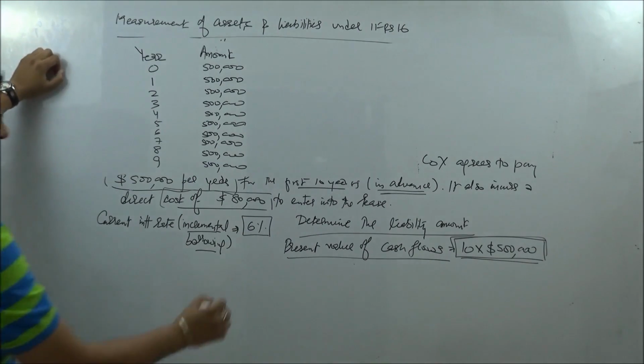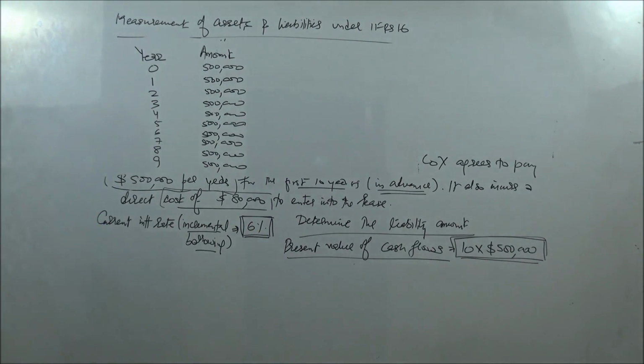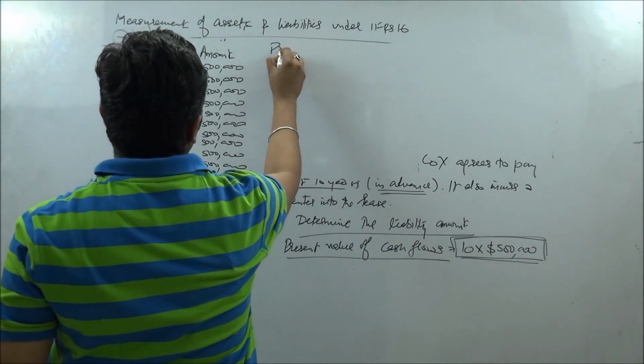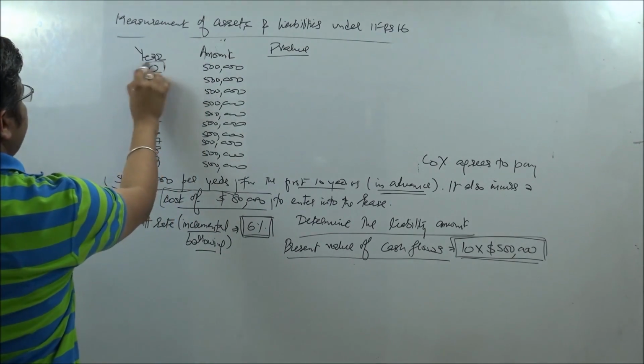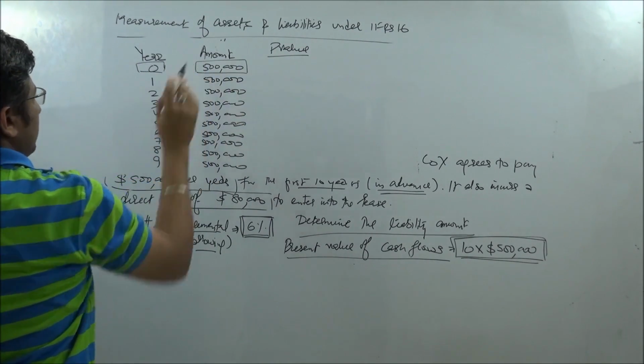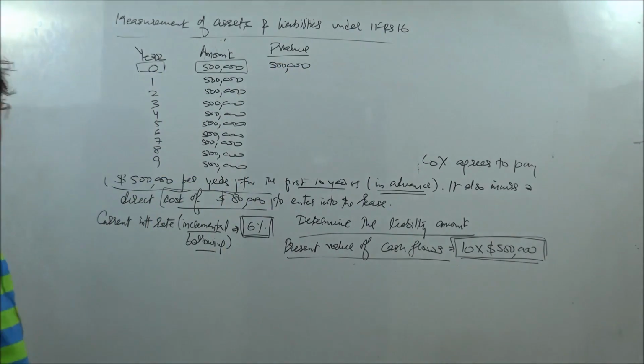But then since we have an incremental borrowing rate given at 6%, we are saying that the present value of, let's say, since I'm paying it upfront, something paid today has a present value of the same amount, right? So this becomes the present value of the first installment.